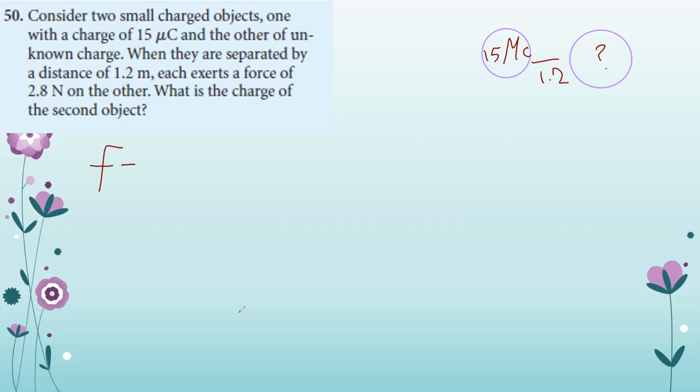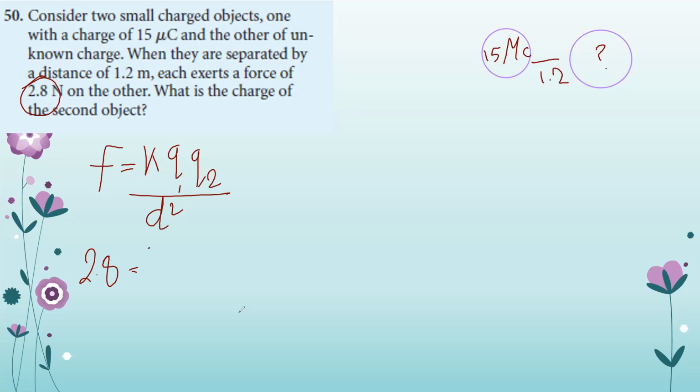Let's say force is K Q1 Q2 over r squared. Now, the force here is given. It is 2.8, equal to K. What is the magnitude of the constant K? 9 times 10 to the power 9.